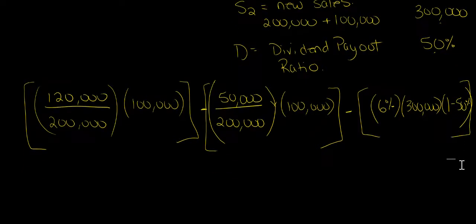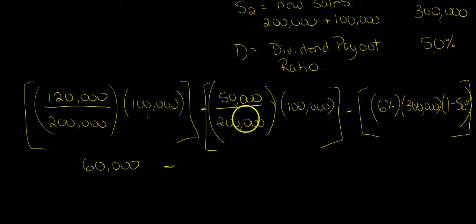So now when I solve each of these parts, I'm just going to do them separately. So 120 divided by 200 times 100,000 is 60,000. Then we minus 50 divided by 200 times 100, that comes out to 25,000. And then we minus the 6% times the 300,000 times 50%, because 1 minus 50 is 50. And that comes out to 9,000.